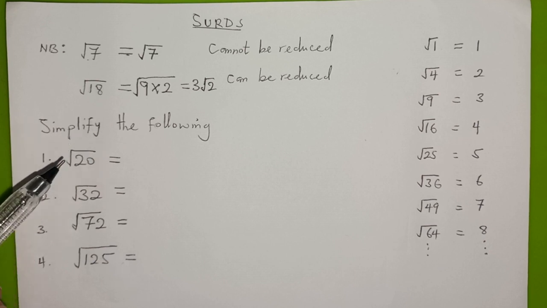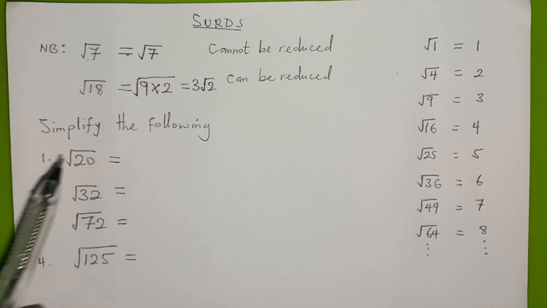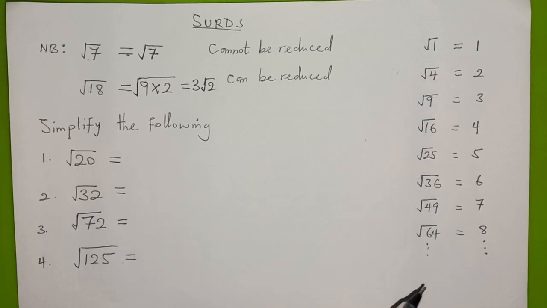For the sake of clarity, let us solve these examples. Simplify the following. Root 20. Root 20 is also a surd because 20 is not a perfect square.